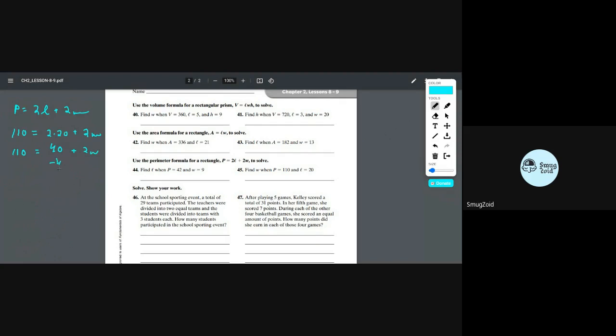I've got to subtract 40 minus 40. That's going to be 70 equals 2W. Divide by 2, divide by 2. 35 units, whatever that may be, equals W.